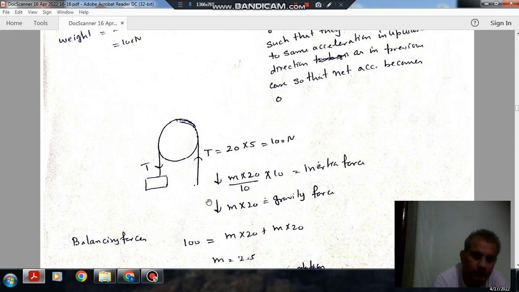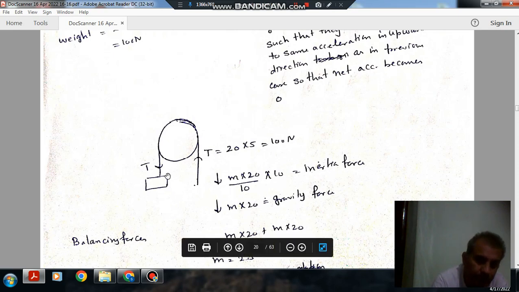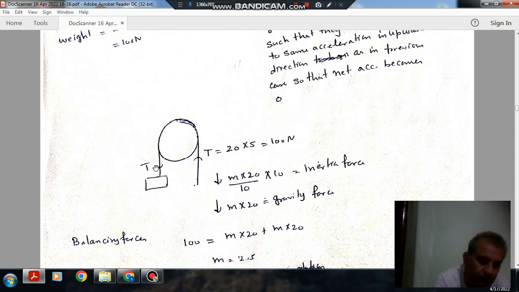Okay, because initially it was moving with acceleration a. To bring that a equal to 0, a downward acceleration has to be provided by this. So if the downward acceleration is in this direction, to bring the acceleration to 0, this weight will also be subjected to an upward acceleration, so inertia force will be in the downward direction.